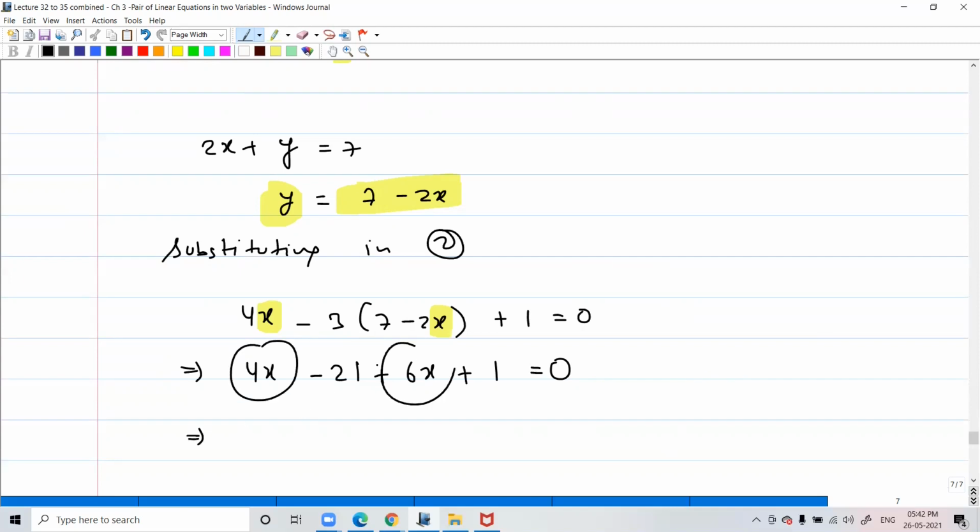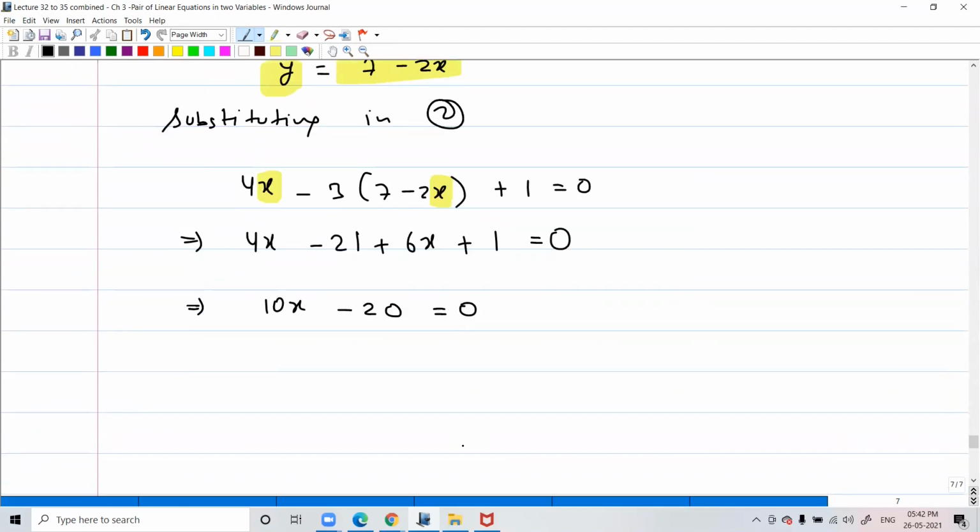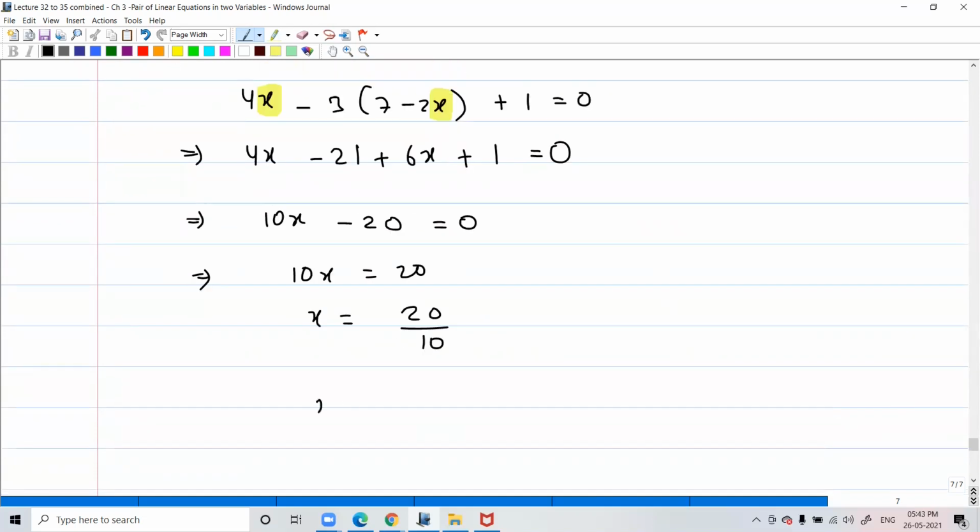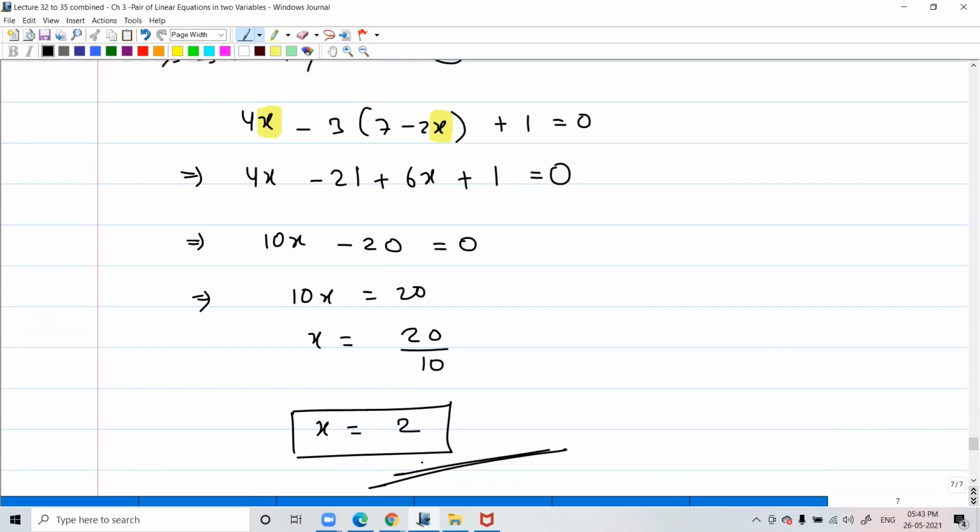Then 4x plus 6x will become 10x. And minus 21 and plus 1 will become minus 20. So I can write it as 10x is equal to 20. So x is equal to 20 by 10. That means x is equal to 2. Okay. Everyone is okay with this so far?